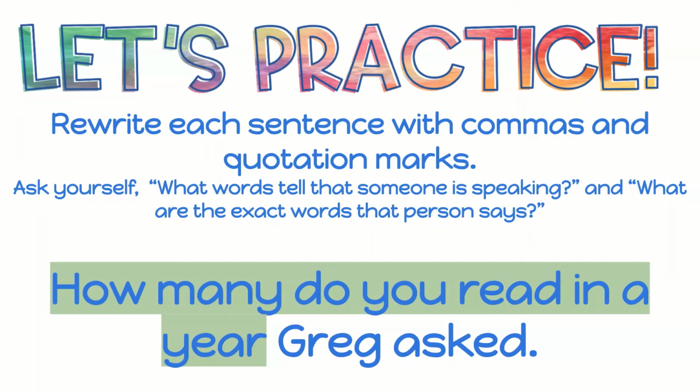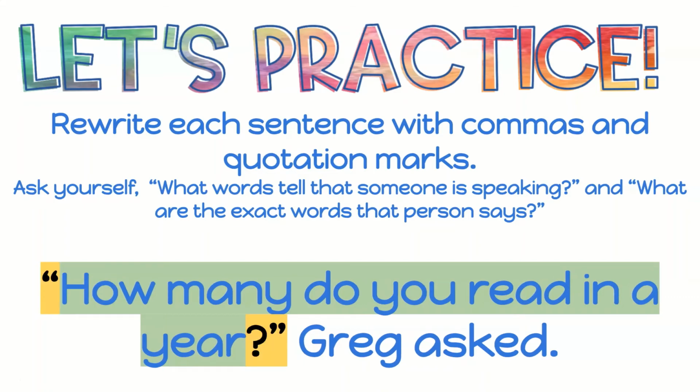So now that we know what he said out loud, where would your quotation marks go? And what type of punctuation would you use inside of those quotation marks to separate his words from the tag specifying who's doing the talking, who is Greg? What do you think? Great job applying your quotation mark rules. We have the quotation marks around what Greg is asking, and we're using a question mark inside of those quotation marks because he's asking a question.